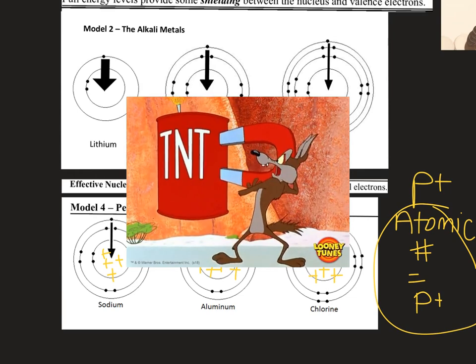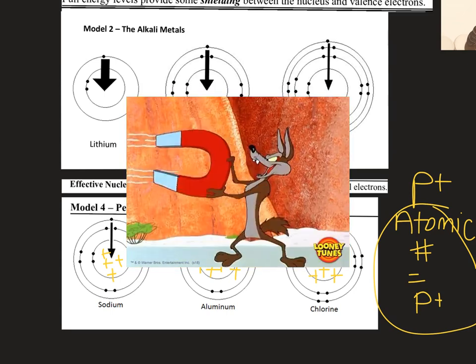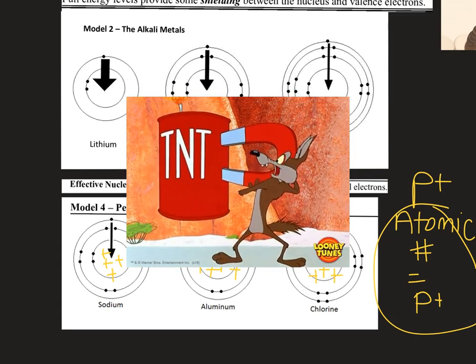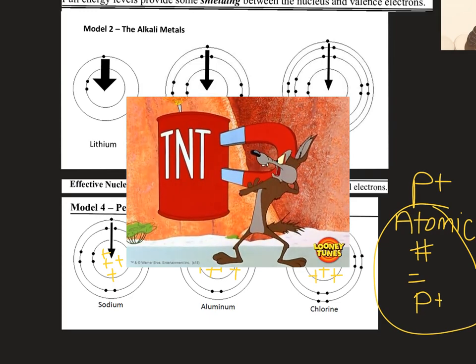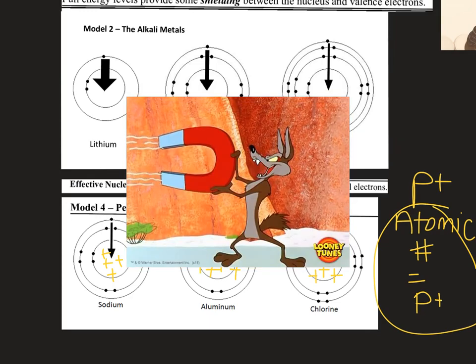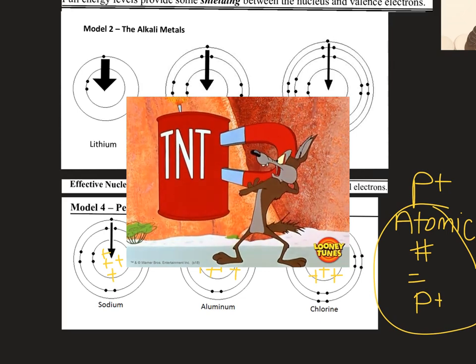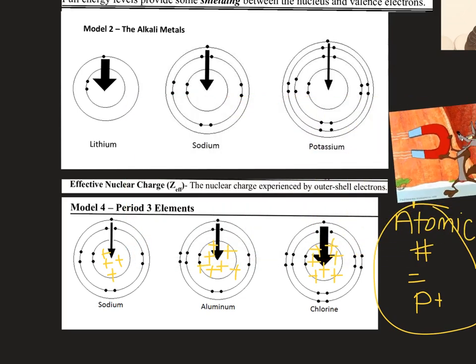And just like we know with magnets from our cartoons or anything, those magnets are going to be attracting the opposite charge, right? So that attracts metals to this magnet. And so if we have a small magnet versus a big magnet, you can kind of imagine that something like chlorine over here, who has more protons than someone like sodium, is going to have this huge magnet and it's going to bring that electron in just a little bit tighter.